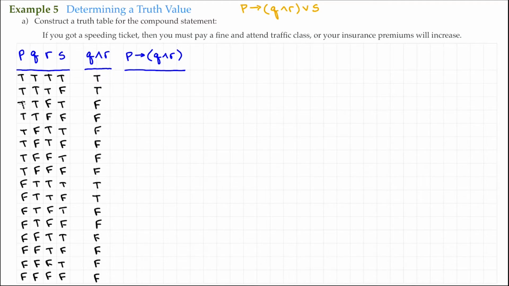So it's true, false, so this is false. Here's another one here. True, false, it's false. Don't forget, for a conditional statement, it goes in the direction of the arrow. Antecedent, consequent.